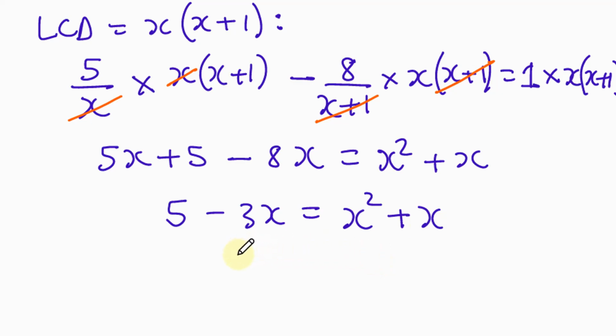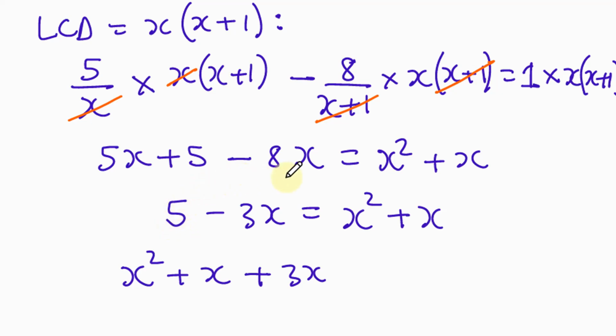We want to bring all our terms to one side, but we want to keep the x squared positive. So we're going to flip the equation. The 5 and the negative 3x we're going to bring to the side of the x squared plus x. So when we take negative 3x across, it becomes positive 3x.